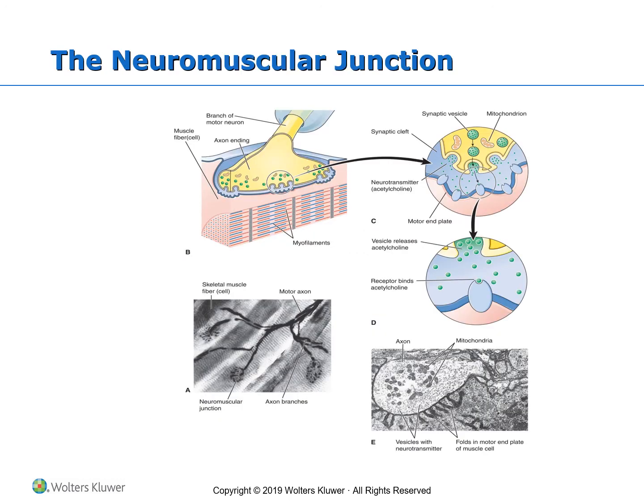A neuromuscular junction is the point at which a nerve fiber contacts the muscle cell. If you really look into this, you will see that the muscle fibers and the nerve endings do not actually come in full contact with each other.